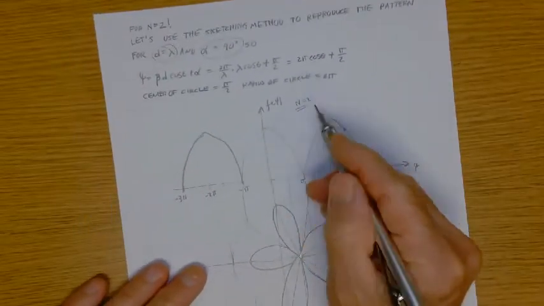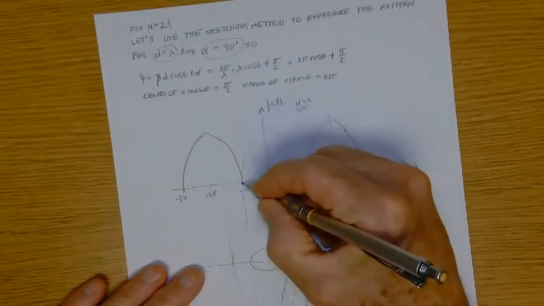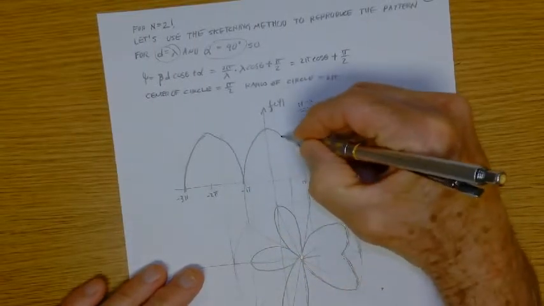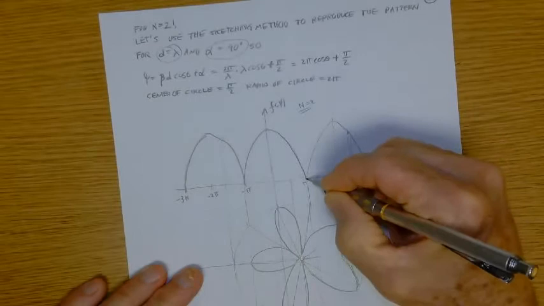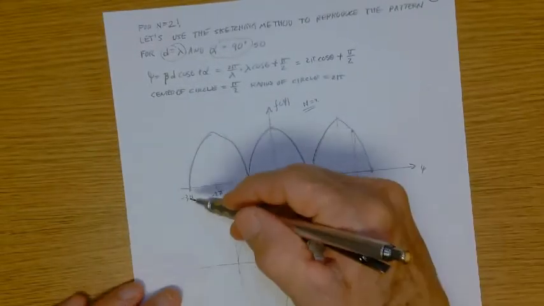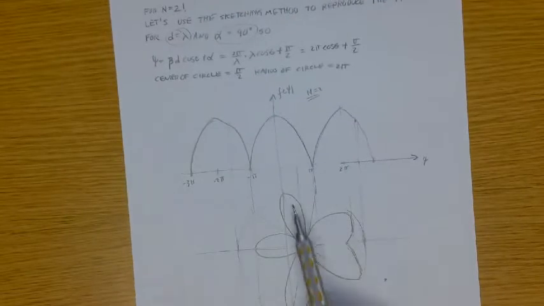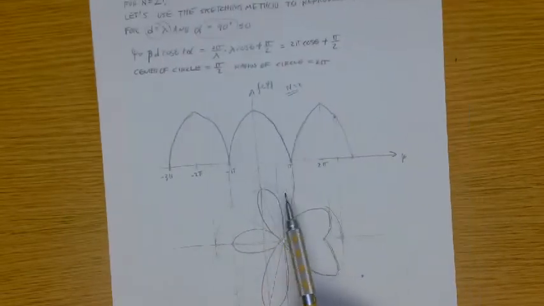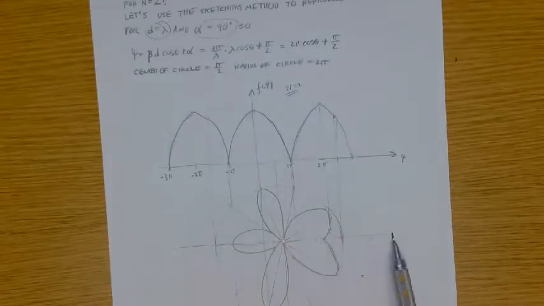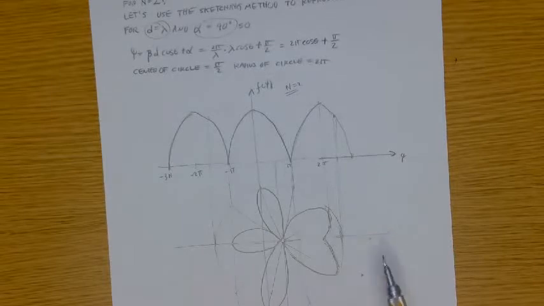So let's check our sketching method. For n equals 2, this is the universal pattern f of psi versus psi. And I can extend this as much as I want to. If I increase the spacing between my elements, then theta times d is going to go up, and so the radius of the circle is going to increase.